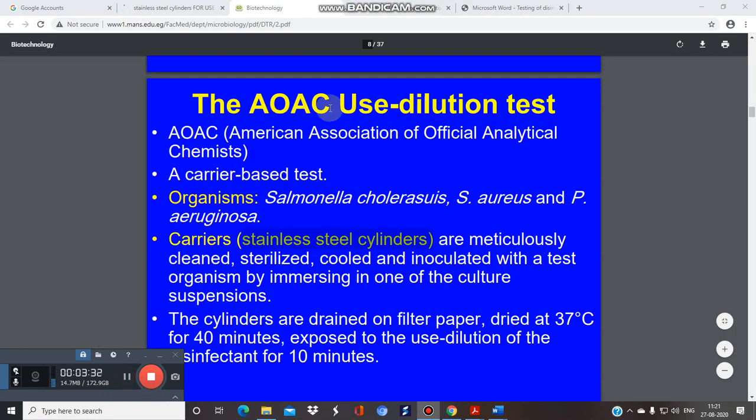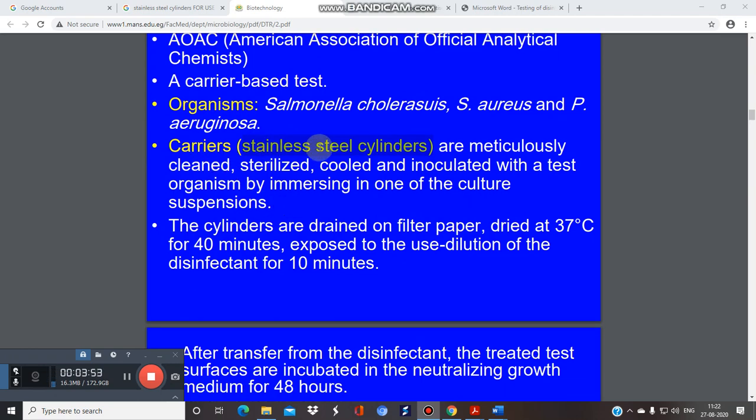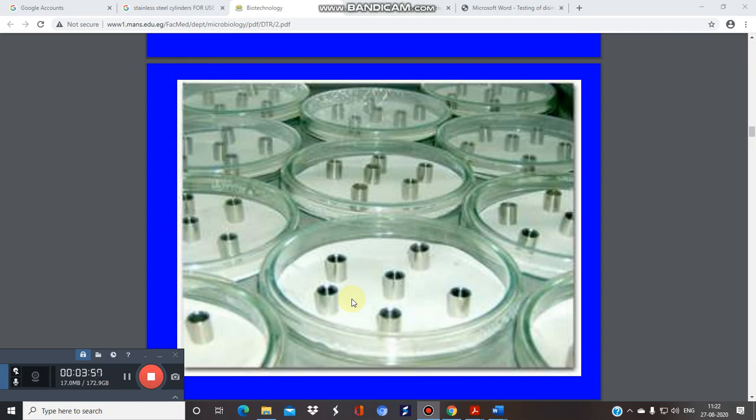See again, the AOAC use dilution test, the Association of Official Analytical Chemists test. Different types of organisms are used, which we have already covered: Staphylococcus, Pseudomonas aeruginosa and Salmonella choleraesuis. Then we use carriers like stainless steel cylinders.